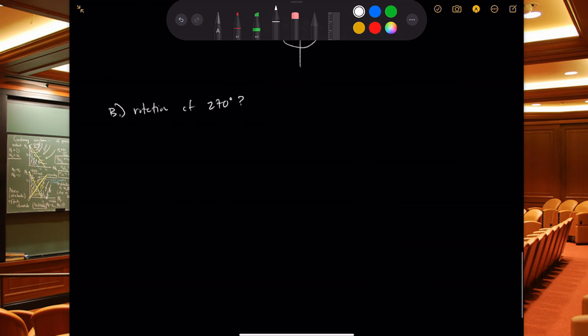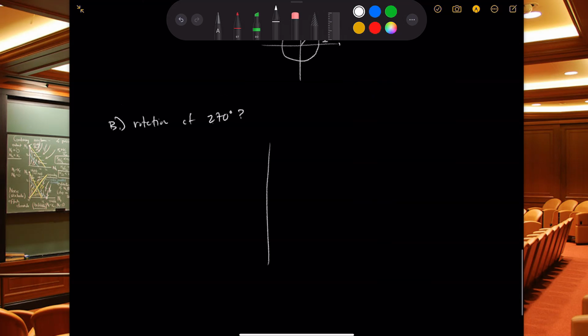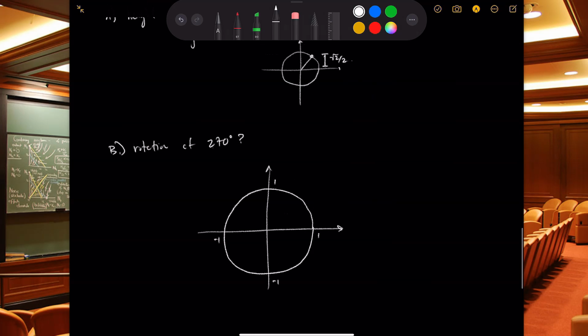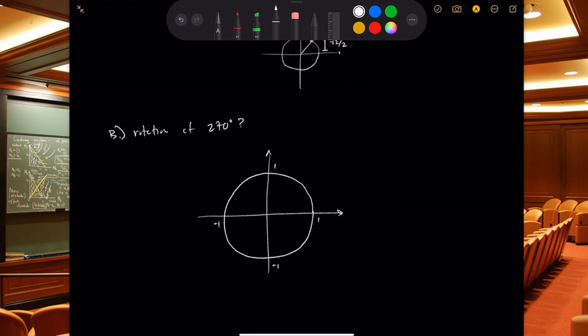Well, let's draw ourselves a new circle real quick. Radius 1. Need to practice my circle drawing on the iPad here. So a rotation of 270 degrees.